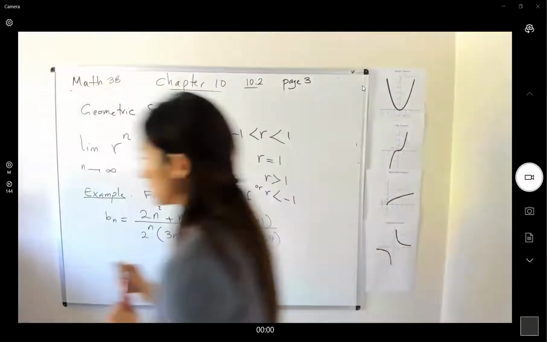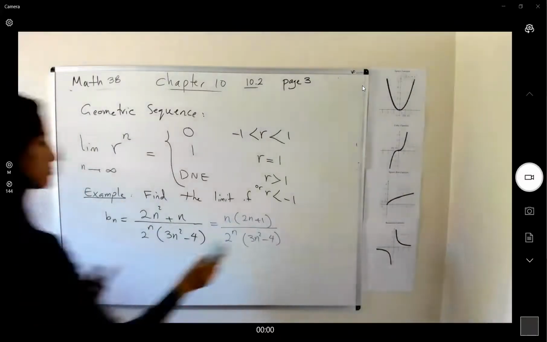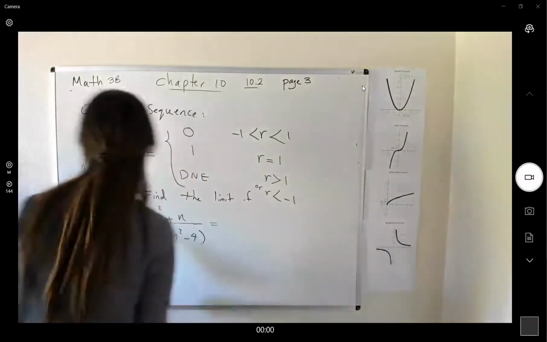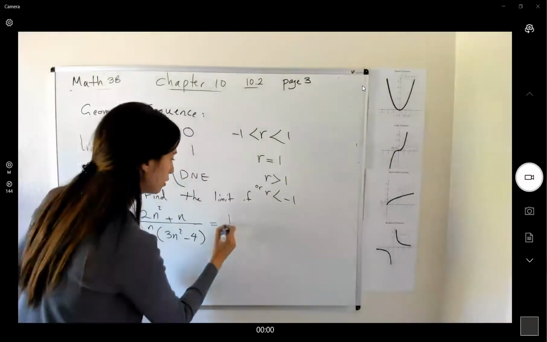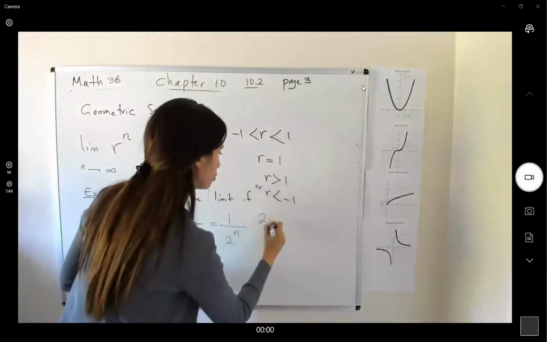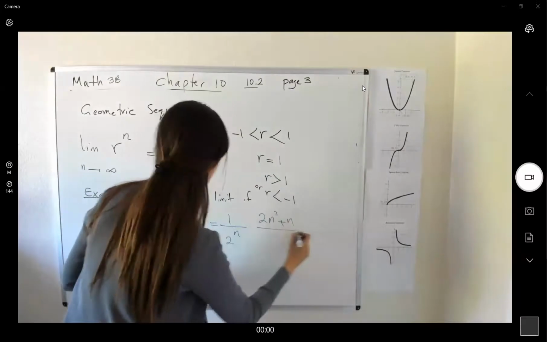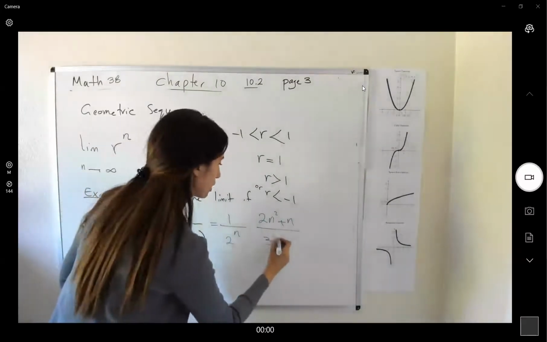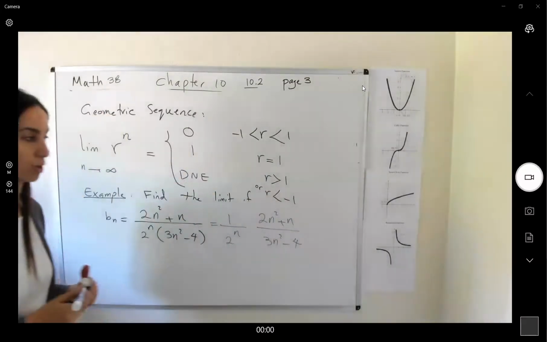Or you can write it this way: 1 over 2 to the n. Let's separate this. Times 2n squared plus n divided by 3n squared minus 4.